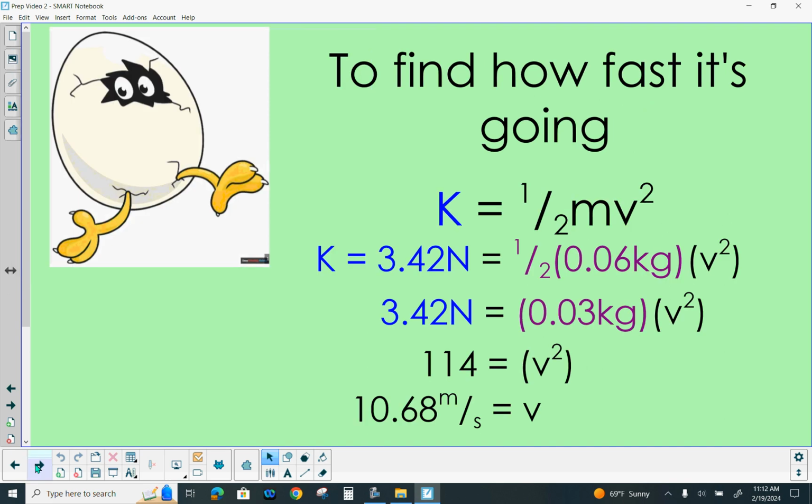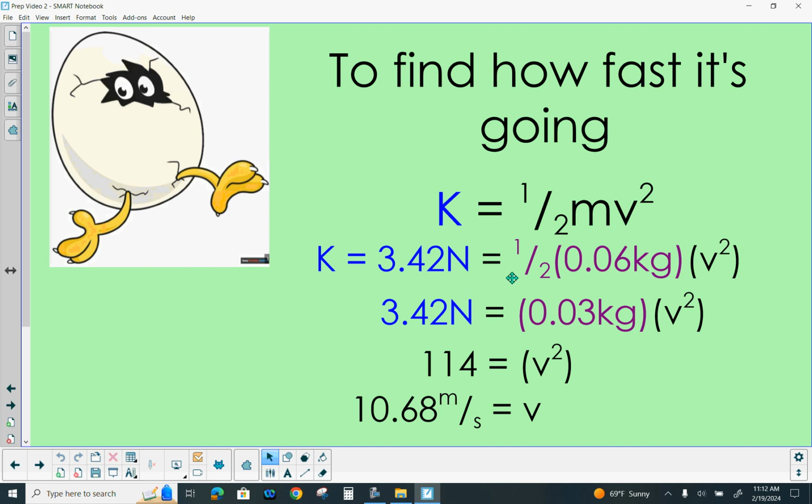We can use this to figure out how fast it's going. So we know that kinetic energy is 3.42 newtons. If we apply that to the equation we know, we can solve for velocity. So in this equation, you see we have kinetic energy is 3.42 newtons.